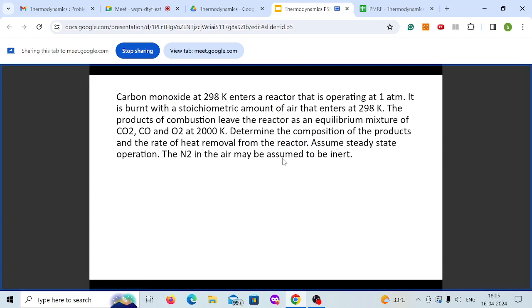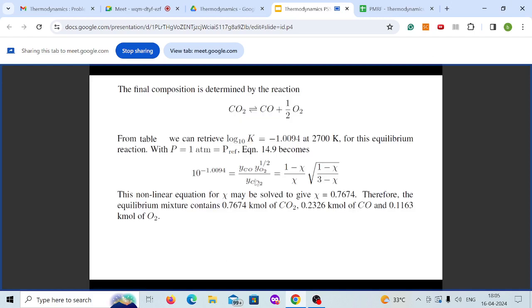So your K will be equal to, in terms of pressure and your mole fractions, the mole fraction raised to the individual coefficient of the reaction, of the products divided by the reactants, into your pressure, P by P reference, raised to the power of the difference in the coefficients of the products minus reactants.